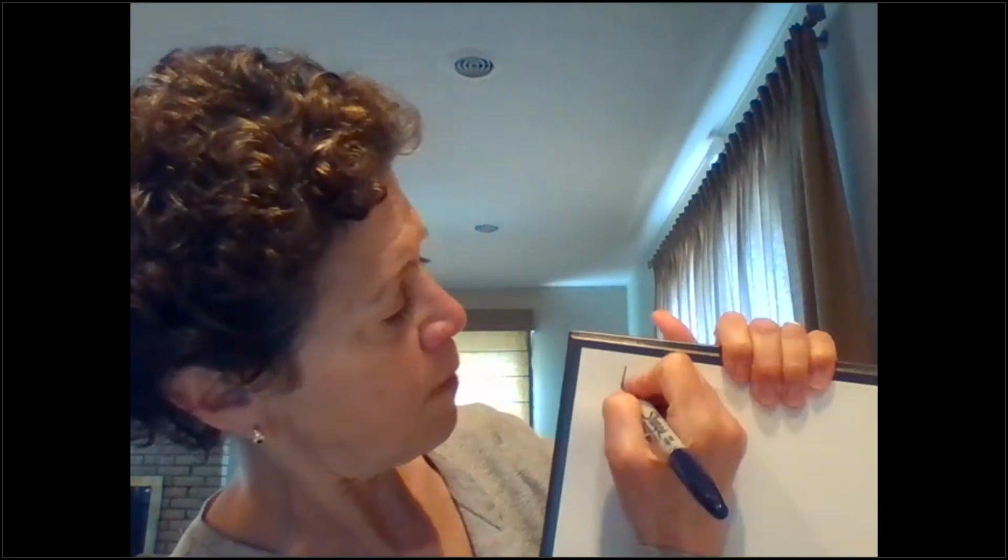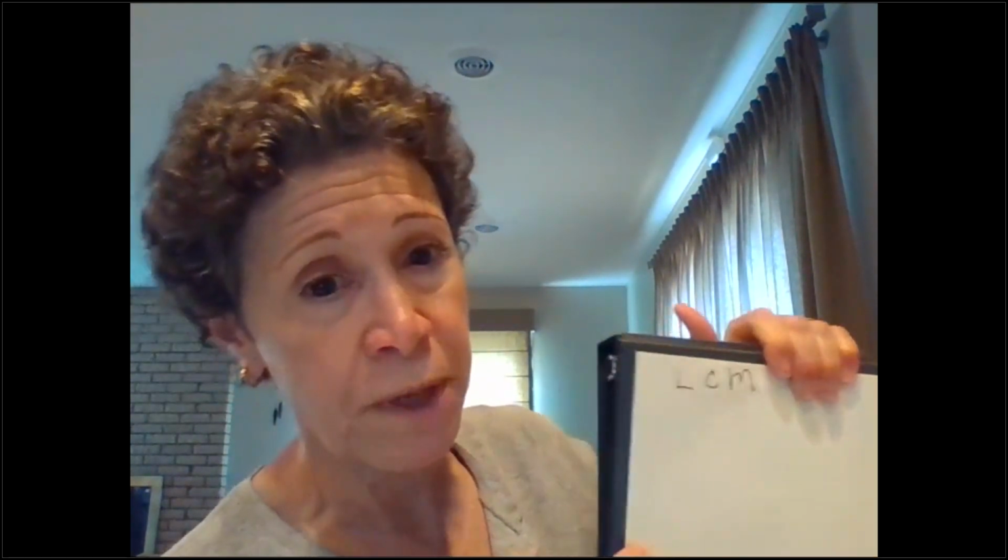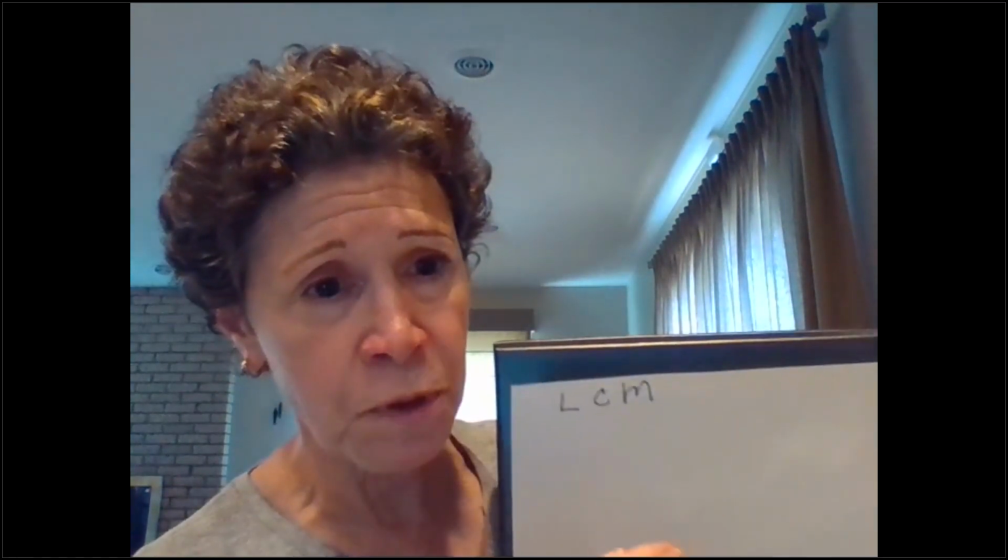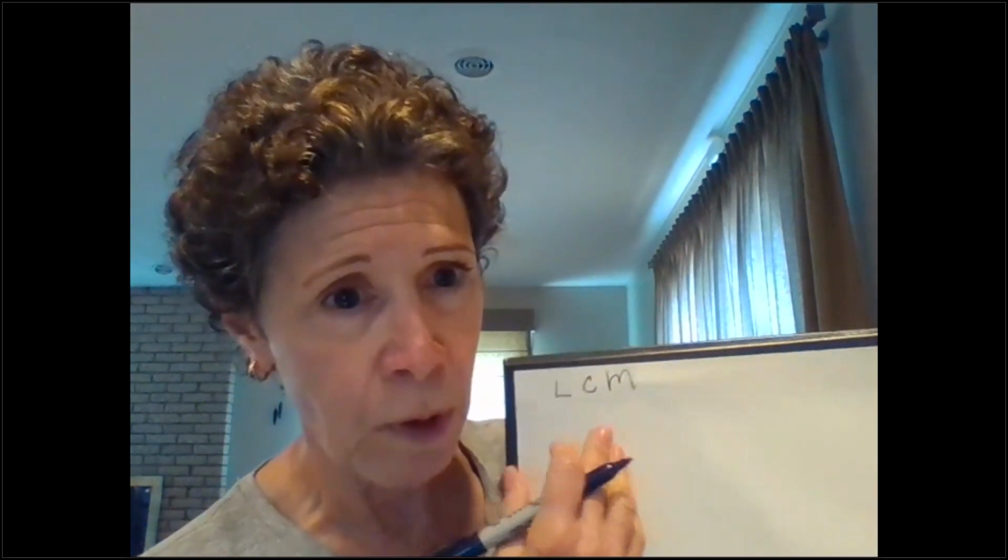So multiples, let me get a blank piece of paper so we can see. We're talking about least common multiple now. Multiples are like when you skip count a number.